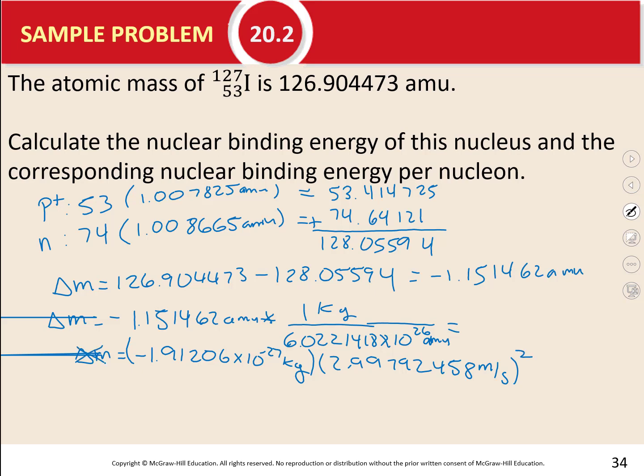And that will turn this into delta E for binding energy. Times 10 to the 8th.